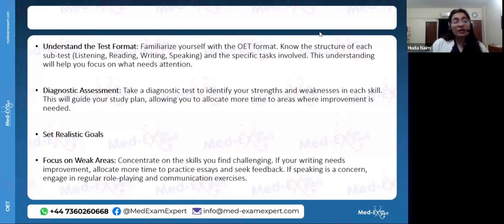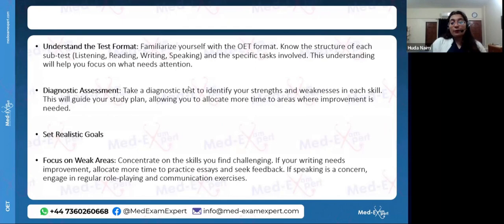Then when you make your study plan, you can allocate more time to the parts where you're weak, and improve those subtests more compared to the tasks that you can already perform well. A lot of candidates write very well and don't really need a lot of help with writing, but they might not speak that well. So if you take a diagnostic assessment before you book the exam, that would give you an accurate idea of how prepared you are, and then you can make your customized study plan accordingly.